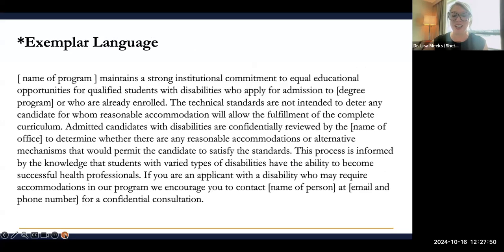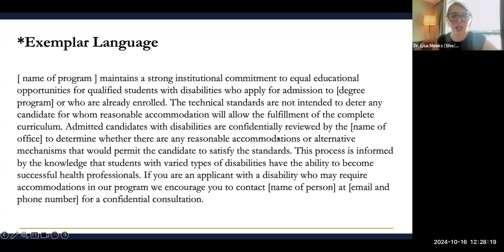All right, now let's look at another example of welcoming language. We're looking at this example because it specifically talks about technical standards not being something to dissuade individuals. So this exemplar reads, name of program maintains a strong institutional commitment to equal educational opportunities for qualified students with disabilities who apply for admission to blank or who are already enrolled.